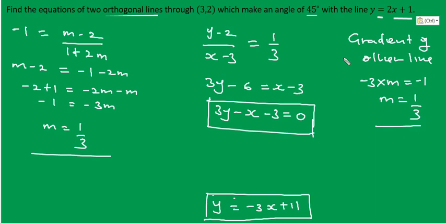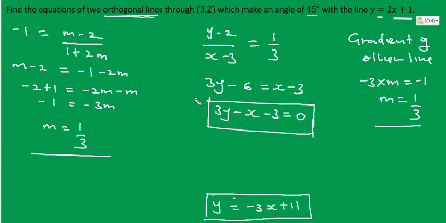So there are two possible ways of finding the gradient of the other line. When you've been told that the lines are orthogonal, you have two options. Once you get the equation of one of the lines, you look at that gradient, multiply it to get negative 1 and get the gradient of the other line, and remember they are passing through the same point.